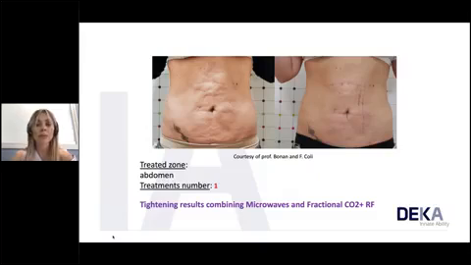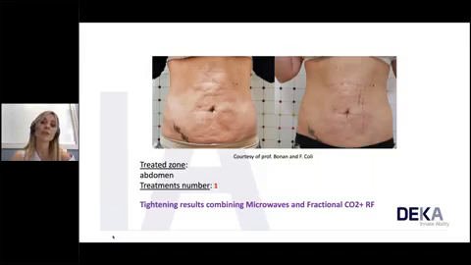Eventually, it's possible to combine with the fractional CO2 laser. In this case, we can perform the treatment with the fractional laser at the beginning, and when the skin is completely healed, we can perform the treatment with Onda, or we can start with Onda and then perform the treatment with fractional CO2.